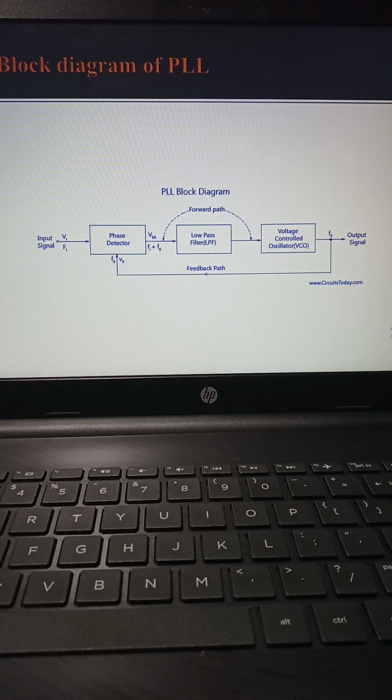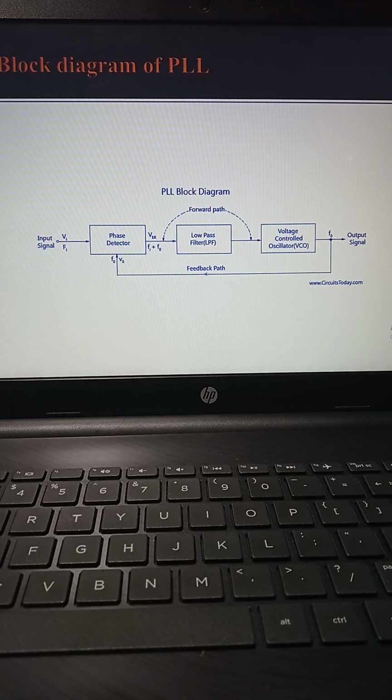Now this control voltage is a ripple free DC voltage but has adequate amplitude so that it can drive the system. The input VC, that is the control voltage, is applied to the next block called the voltage control oscillator. A voltage control oscillator is basically an electronic circuit in which the output frequency varies according to the input voltage.